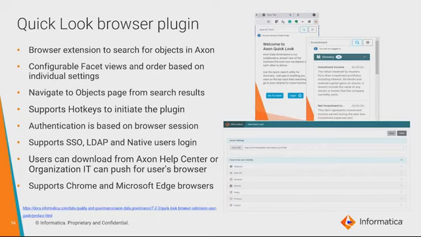And once you navigate the search results, it takes you to the Axon object page directly. And it has an authentication mechanism supported across SSO, LDAP, and native user. It also supports hotkeys.